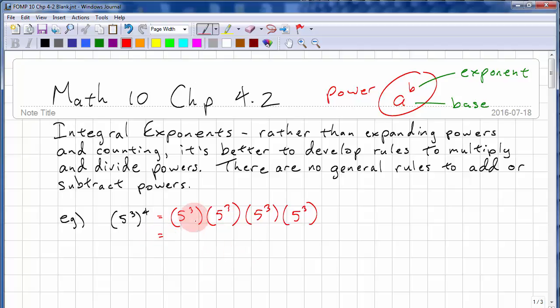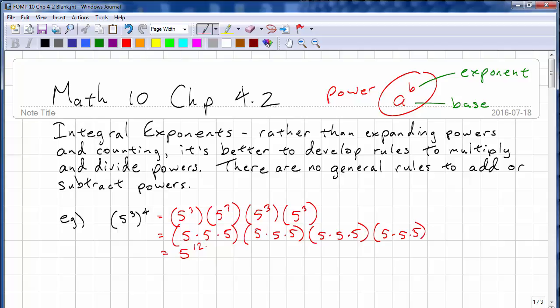And if we expand the cubes, we get 5 times 5 times 5, 5 times 5 times 5, 5 times 5 times 5, 5 times 5 times 5. Okay, this gets very repetitive and very lengthy. How many 5s do we have? 1, 2, 3, 4, 5, 6, 7, 8, 9, 10, 11, 12. This is 5 to the power of 12.